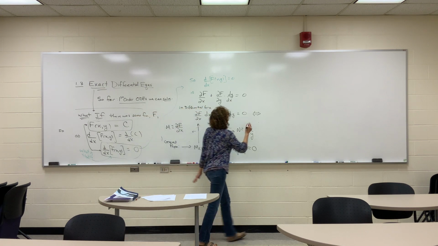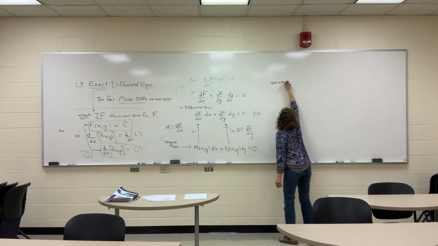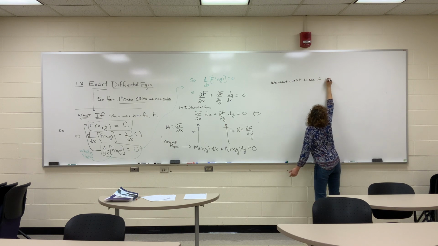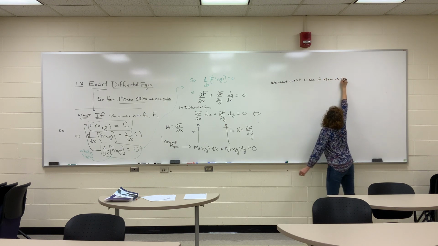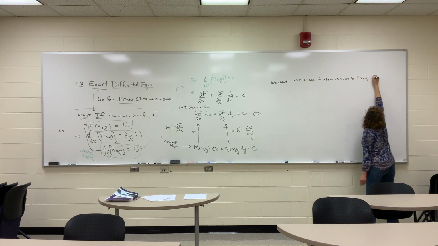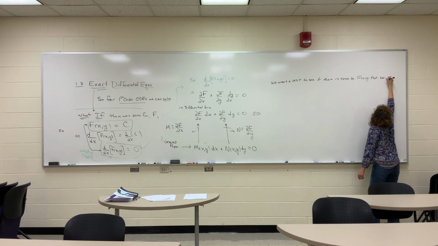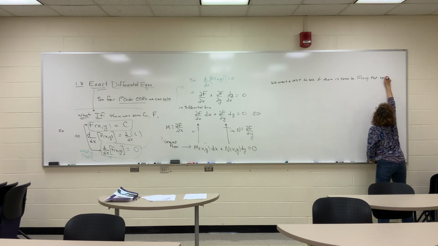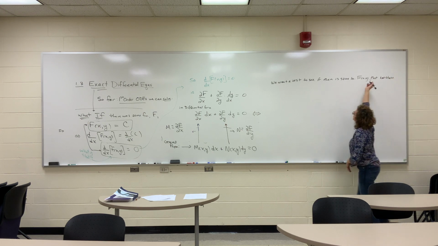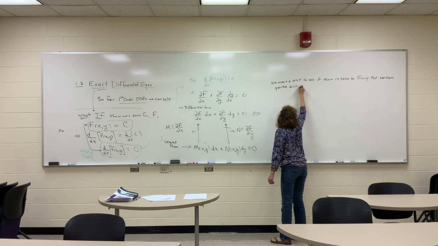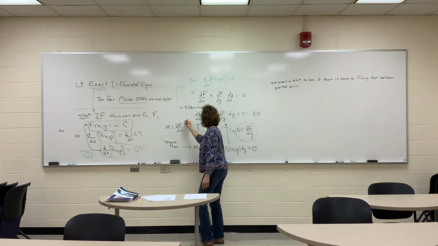So we want to test to see if there is some function, capital F of x and y, that has these partial derivatives, where n would be the other one.